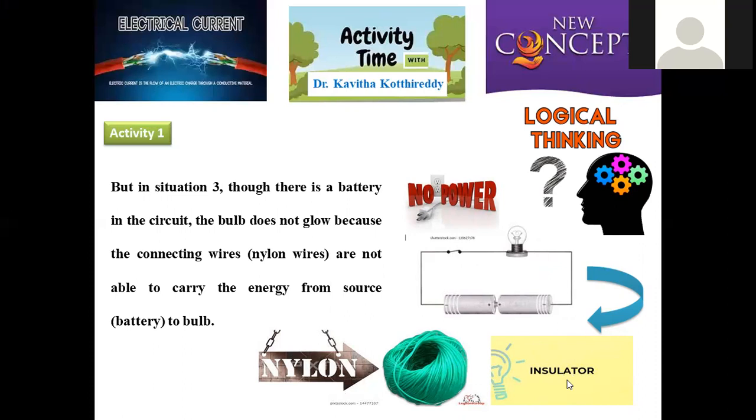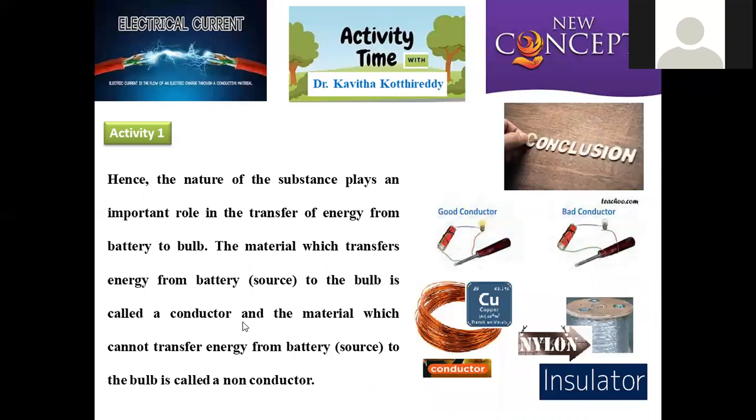Nylon is an insulating material, so there are no charged particles present. So charge transportation is not possible. That resists the movement of current. That's why no power will be supplied, so a luminous bulb will not be observed. Rather, it will become non-luminous.